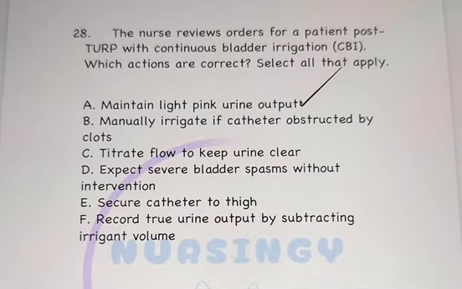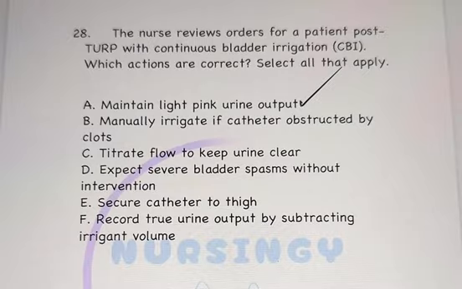B: manually irrigate if the catheter is obstructed by a clot. Has anybody seen or done manual irrigation? B, yes, actually yes to B. Especially if you work in the ER, sometimes patients come with obstruction of the bladder.